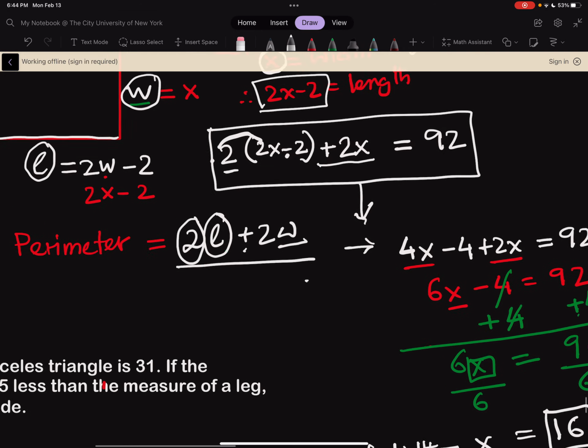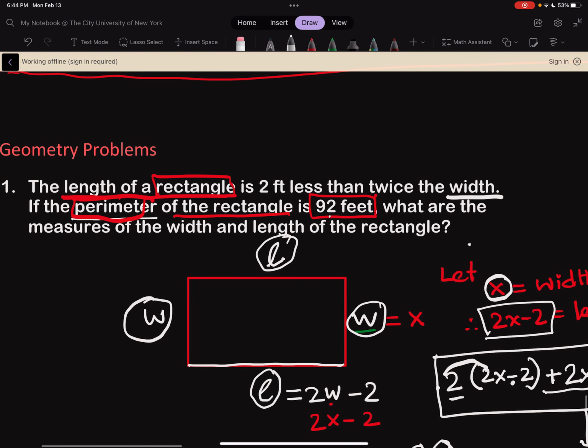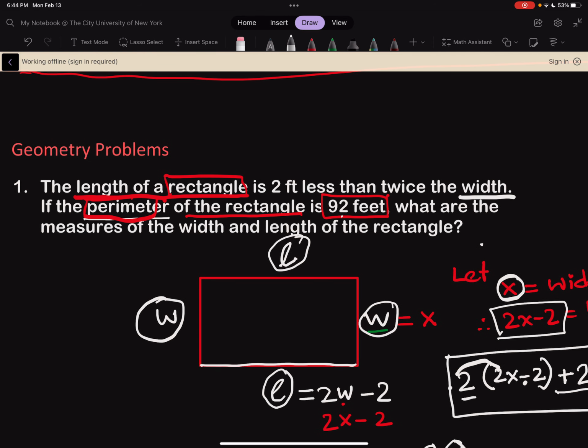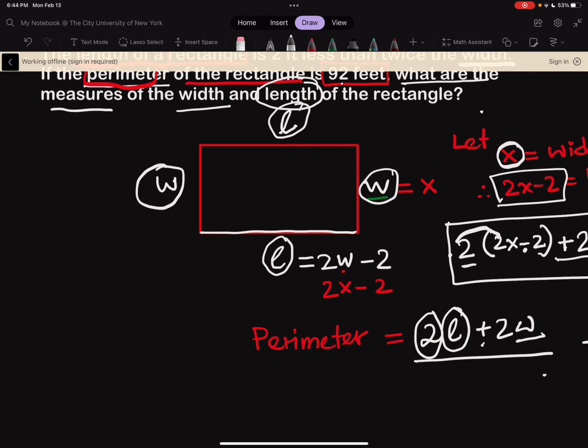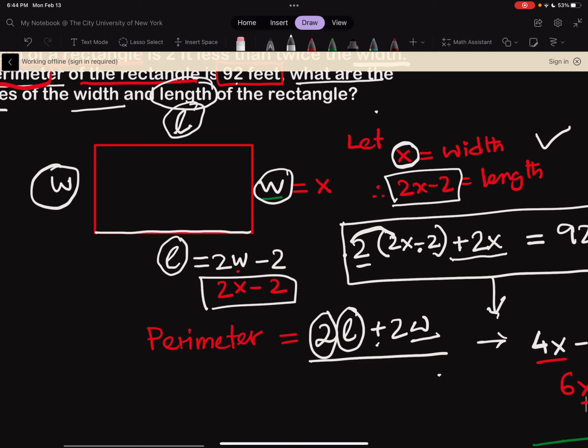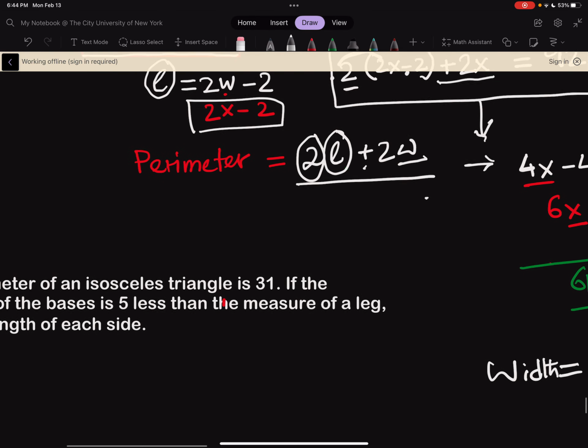That was our assumption. Now the x measures the width. We got it. And the length? Where can we find the length? The length in terms of x is 2x minus 2.